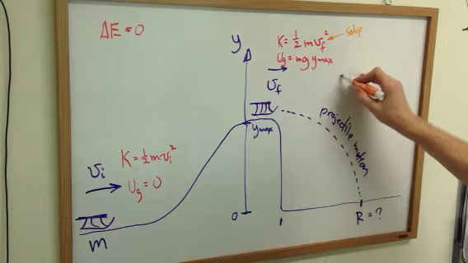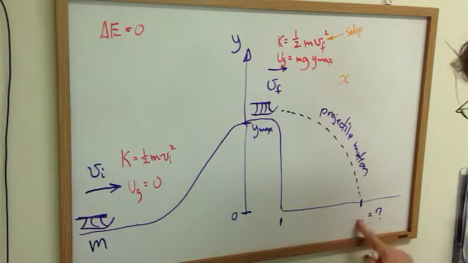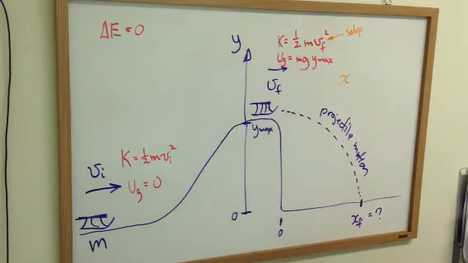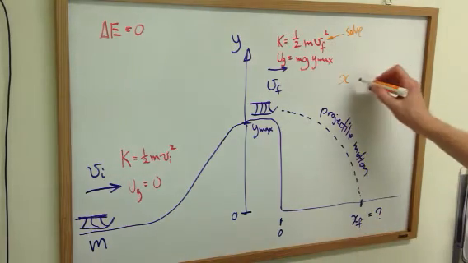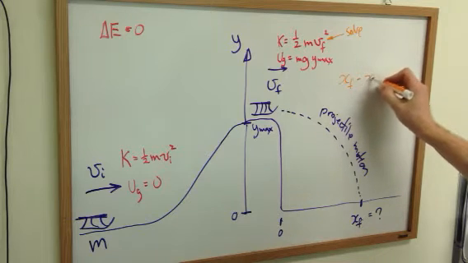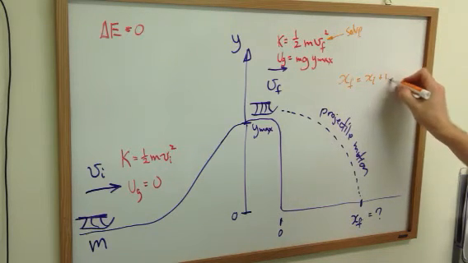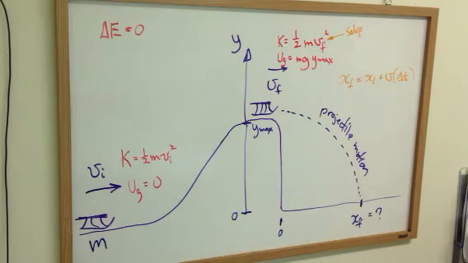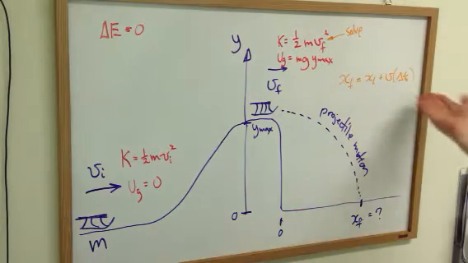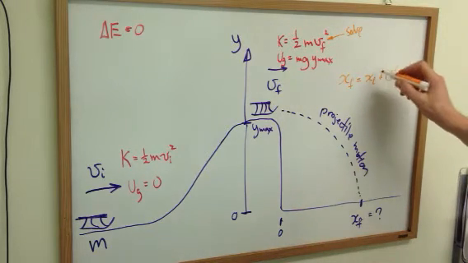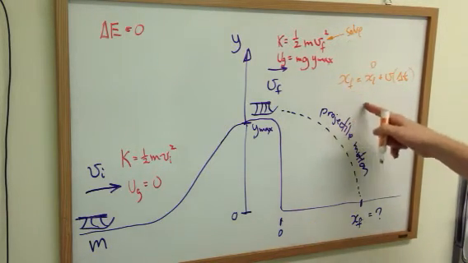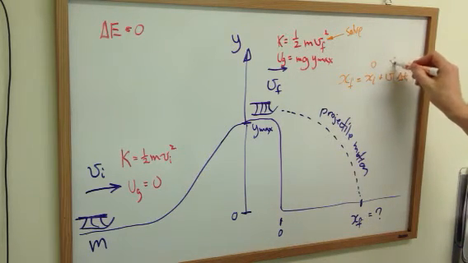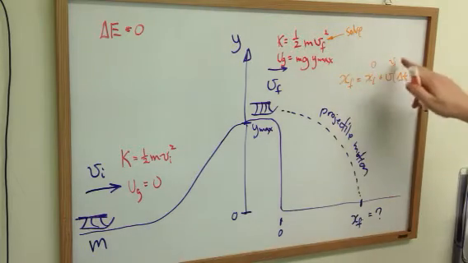You're going to move through x final. If we call the base of the cliff 0, we can say that x final equals x initial plus velocity times time. This is the kinematic equation for uniform motion. There's no acceleration in here. We can call x initial 0. x final is what we want to know. This velocity is our final velocity that we calculated at the top.